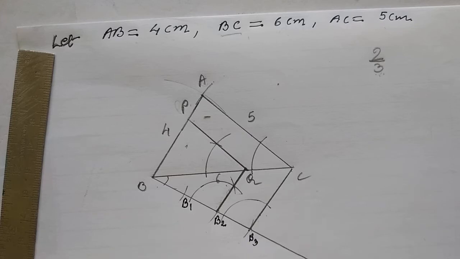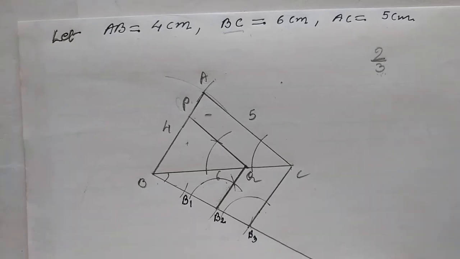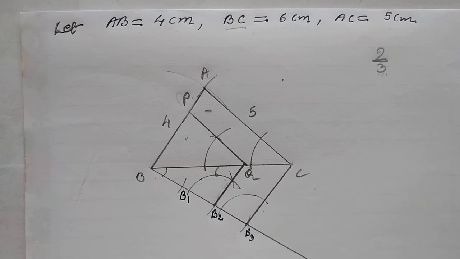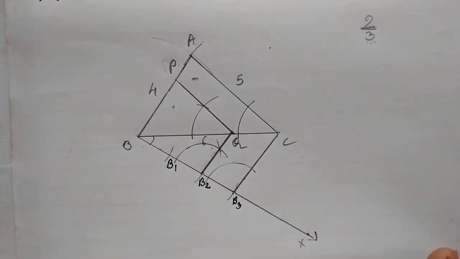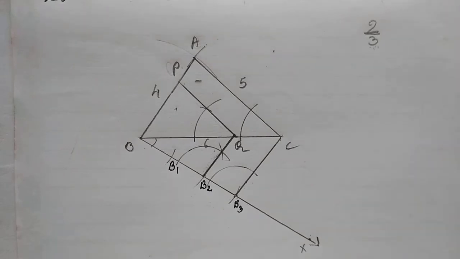In the previous construction also, construction number 1, the steps of construction you write yourself. The way we are doing, that way you have to write it, or you can have an idea from the textbook also. So this is your entire construction.